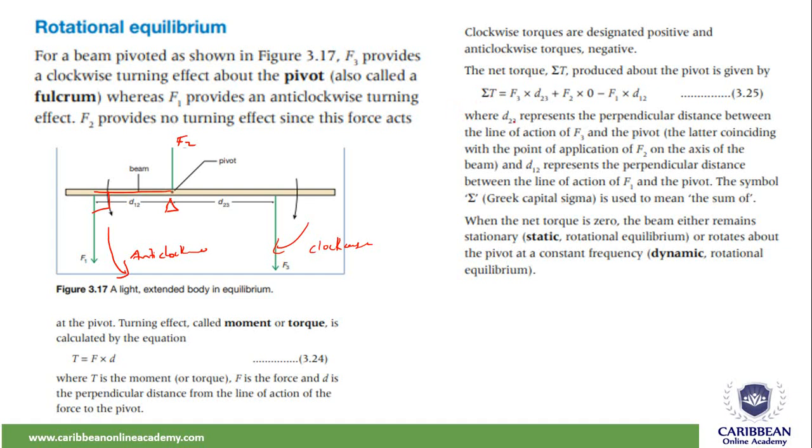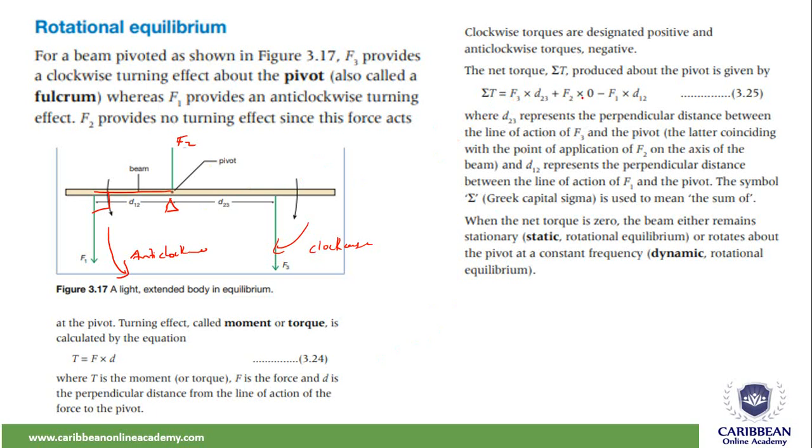All right. Now, in essence, we can go ahead and find the net torque associated with this scenario. By net torque, we're just adding up the torques, so to speak. We know that F3, because it's clockwise, is going to be positive.